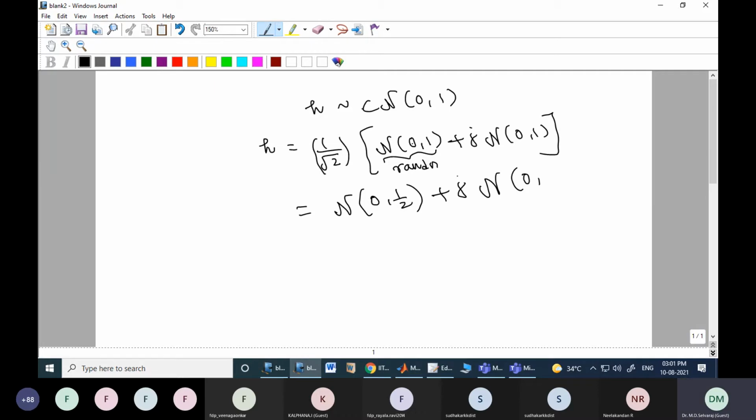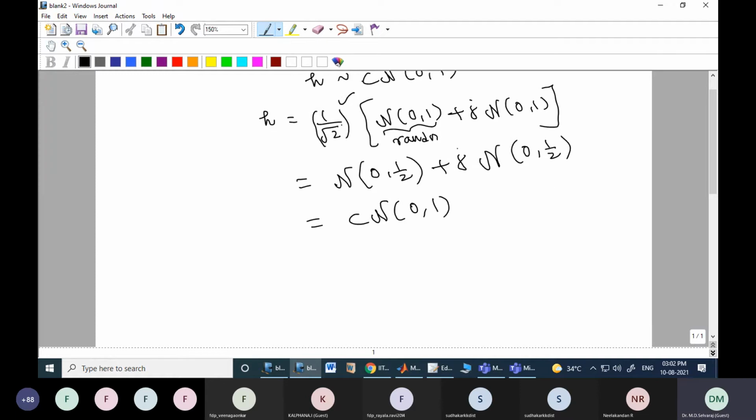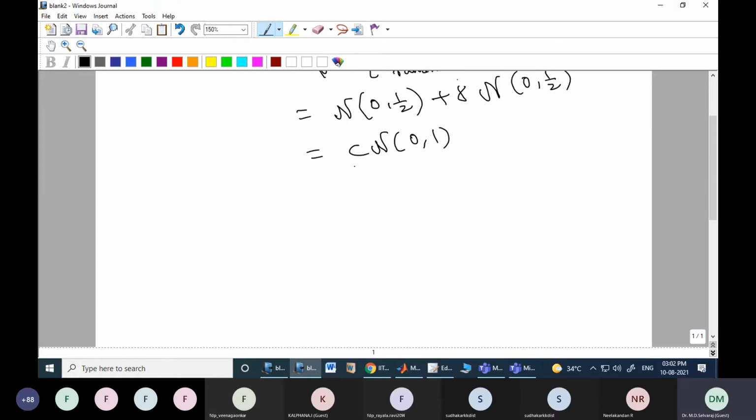For mean it doesn't square, whereas for variance it will square. So this is like 1 by 2. So the resultant is going to be a complex normal with 0 mean, variance 1. That is how this 1 divided by square root of 2 sets it for the case of H.